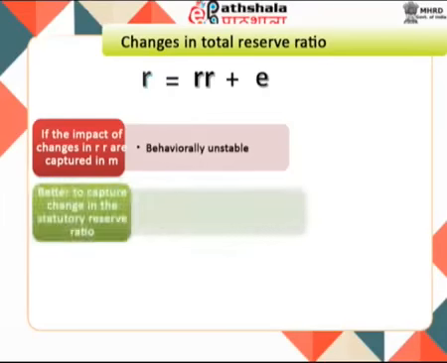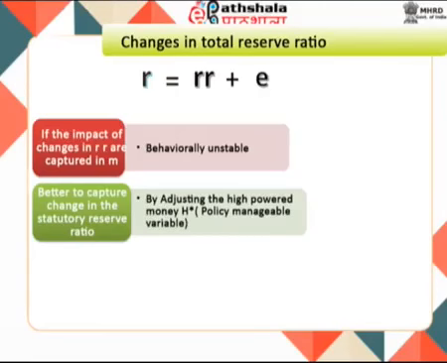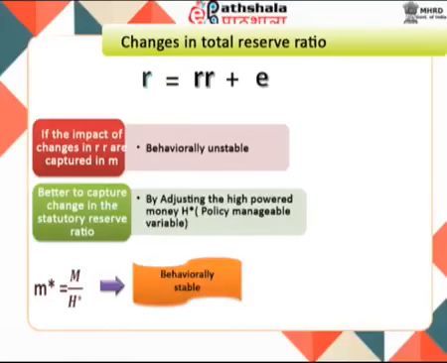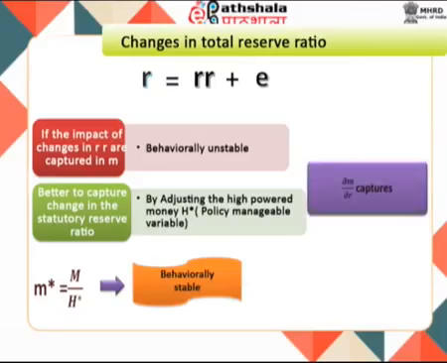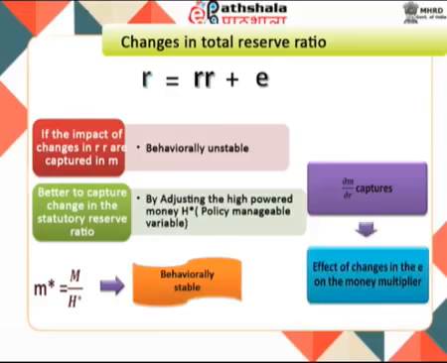It may be better, therefore, to capture the changes in the statutory reserve ratio RR by adjusting the high-powered money H star, making it a policy manageable variable, and M star equal to M upon H star a behaviorally stable variable. Thus, in the adjusted H approach, the partial derivative of M with respect to R is effectively capturing the effect of changes in the excess reserves on the money multiplier.